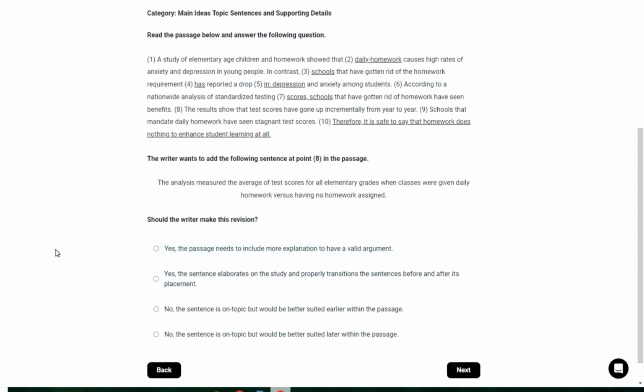So let's go to B and see if that explains it better. The sentence elaborates on the study and properly transitions the sentence before and after its placement. Perfect. We just talked about that, how it talks about the analysis. This is about the analysis. This is about the results. Great transition. Helps elaborate on the study. Best answer would be B, yes.